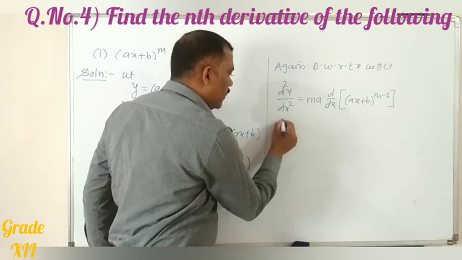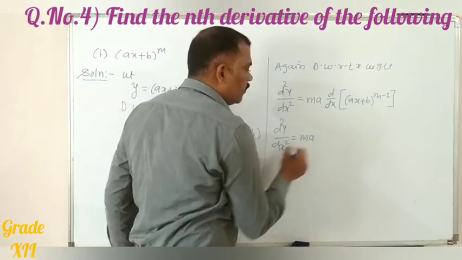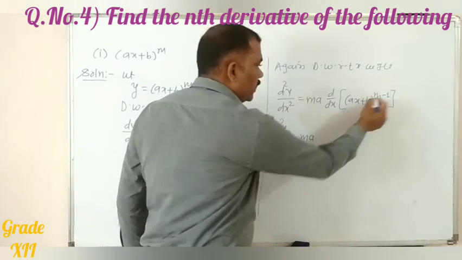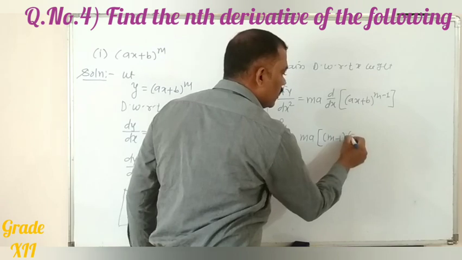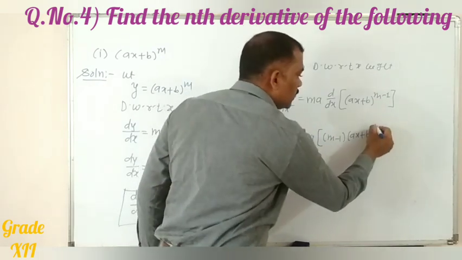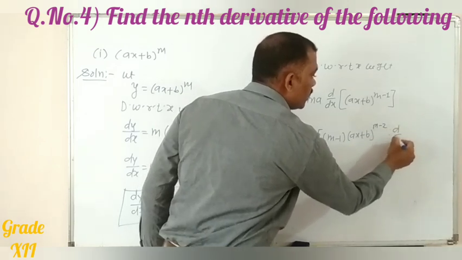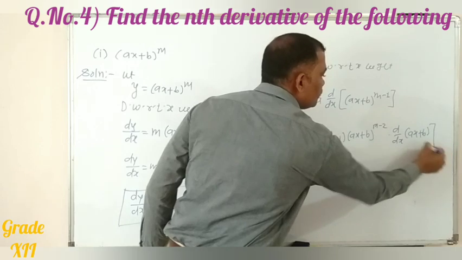So that d2y by dx square is equal to m into a. Here we have to take the power as it is, so that m minus 1 into ax plus b. From the power we have to minus 1, that is m minus 2 into d dx of ax plus b.